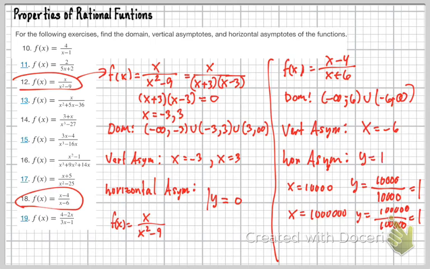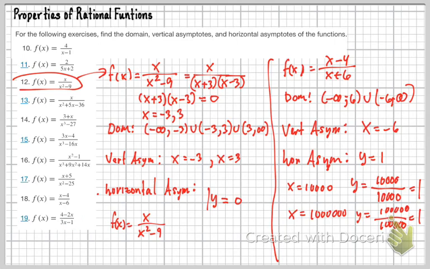So that's the number there. So keep this in mind for these problems here. Notice that when the degree on the top and the bottom is the same, I just get the 1 over the 1 here because there's a 1 on top and a 1 on the bottom. So I'd get 1 over 1, which is 1. Now notice this number 19 here. You might want to work through that.